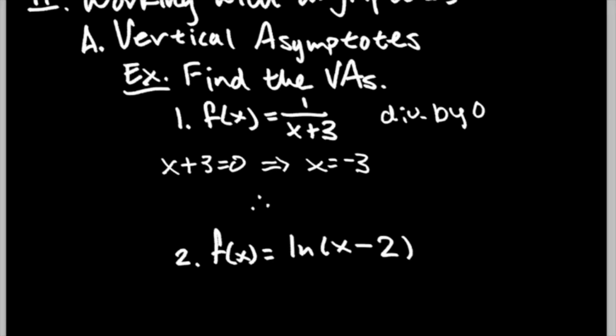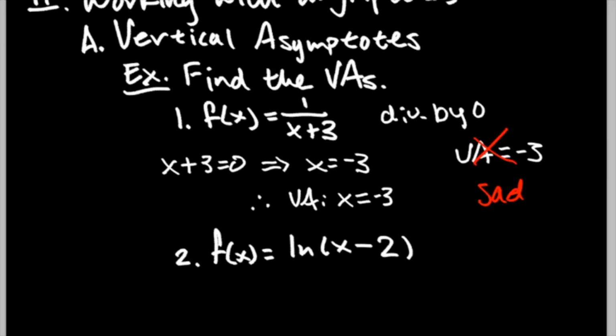Therefore, the vertical asymptote is the equation x equals negative 3. What I see a lot is people write VA equals negative 3. Don't do that. That doesn't make any sense actually. That's called sad, because wrong. So don't do that. Write the actual equation itself.